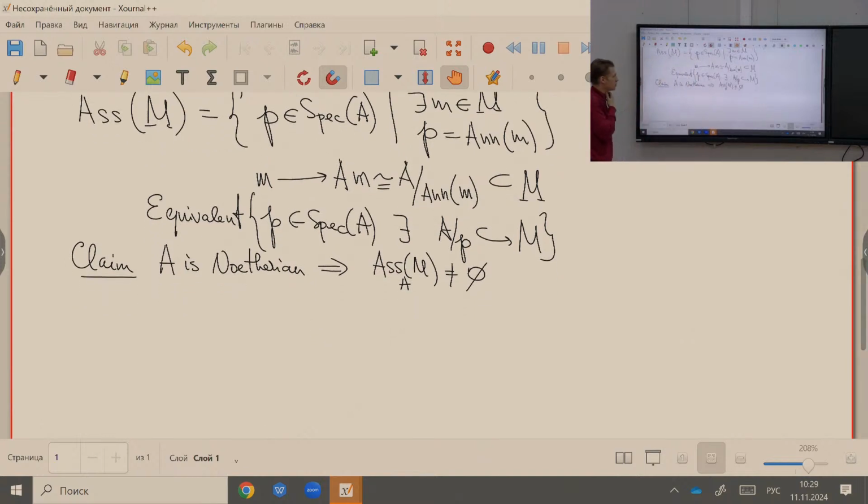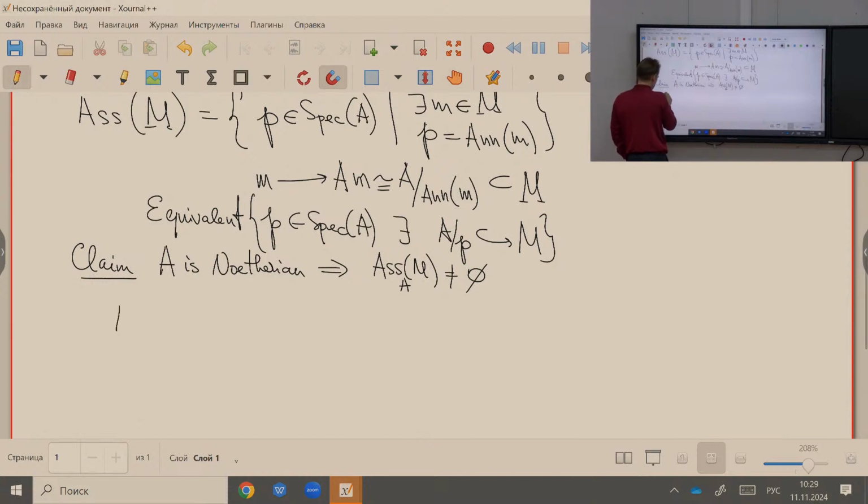When we are speaking about the spectrum, we do not allow the ideals equal to the whole ring, but we allow the zero ideal. So then I claim the following: suppose you take the annihilator of some non-zero element m. This is non-zero because it at least contains zero, and we start taking the elements of the form b1 m.